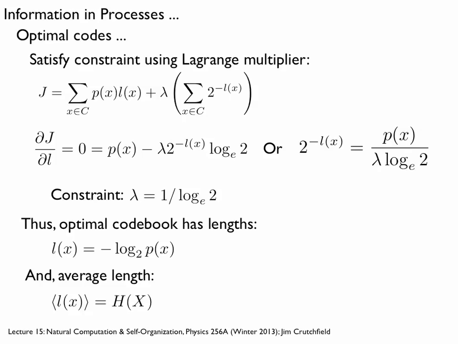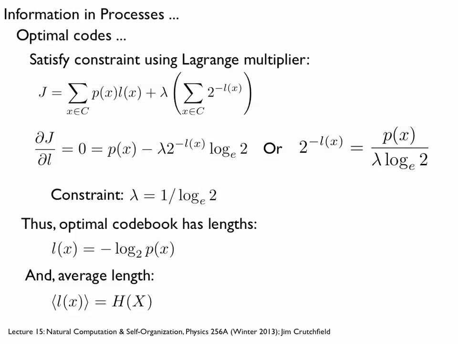We were looking for how these 2 components of the cost function cross over each other. So we take the derivative of the cost function with respect to L and end up doing the algebra here. The net result is that we have the suggestion that there's this relationship between the 2 to the minus length of code words and the probability with a normalization constant.